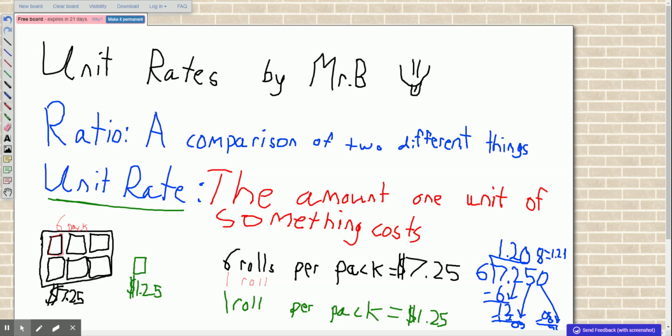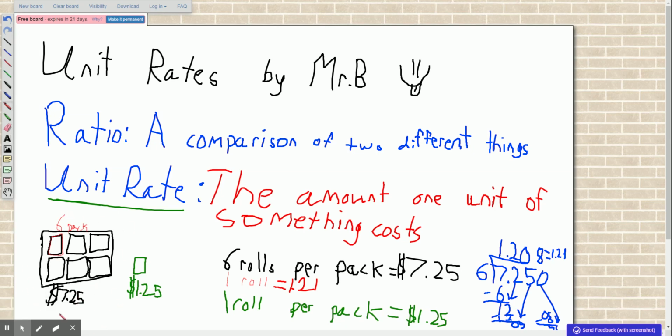So going back to this problem, this means that this one roll is going to cost us $1.21. One of these rolls is $1.21. In other words, this is going to be cheaper. We're going to save money by buying this.